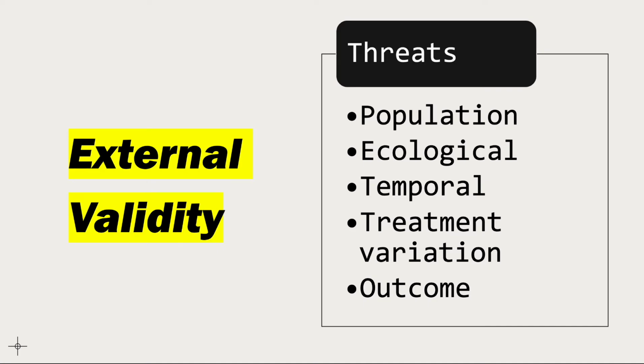But there's so much more to it than this. Population threat is also about whether study findings will generalize to specific subgroups of a target population. So you may have a sample, and you find some interesting result, but is there a subgroup within that target population for which those results might not apply?